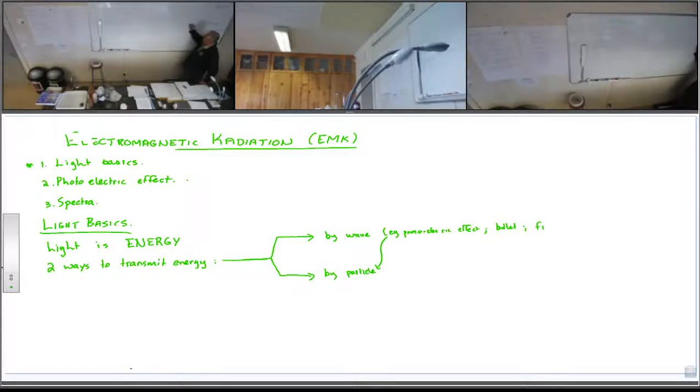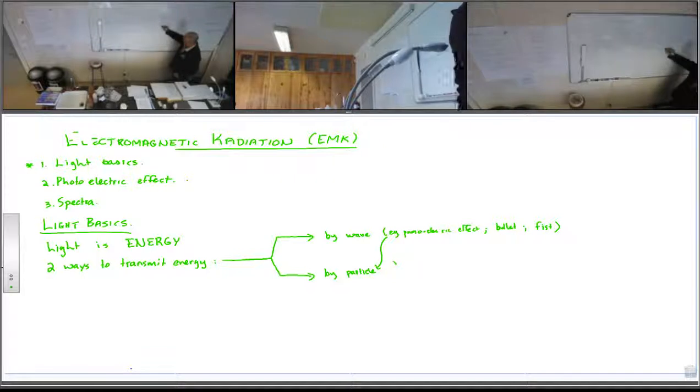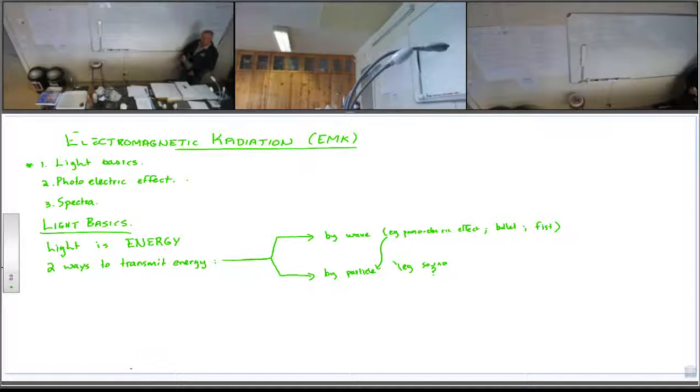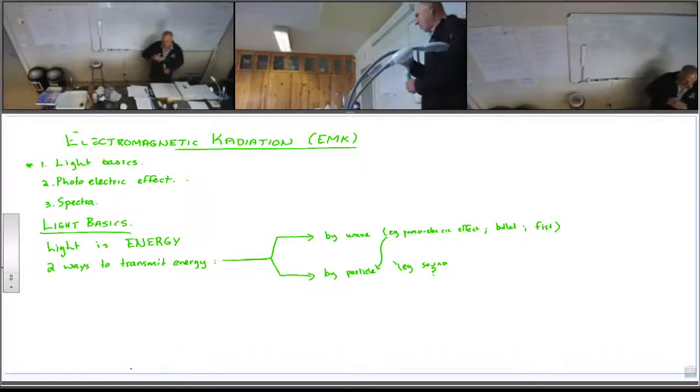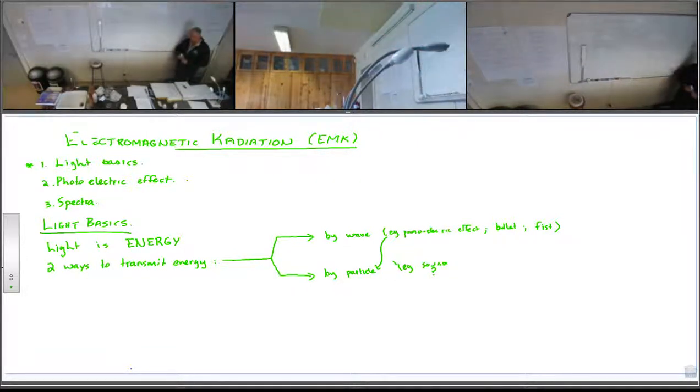The fist becomes the particle. And by wave would be sound. I'm putting a question mark there with sound, because sound is a wave, but it uses vibrating air particles. But how does the sun get its energy to us?